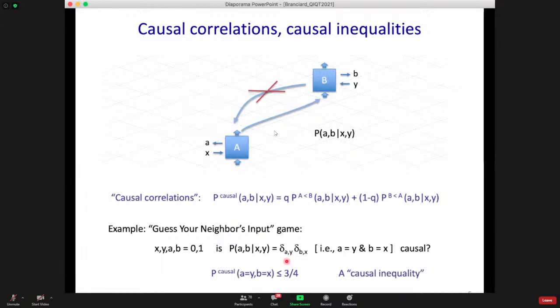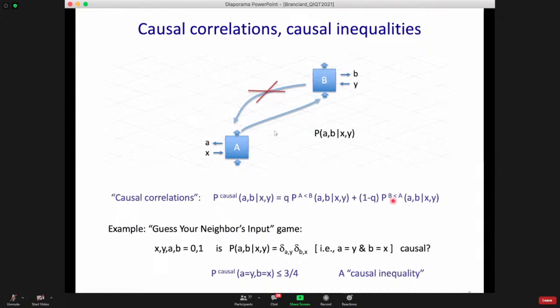And in fact, you can show that for causal correlations, the probability of success in this game, that is, the probability that Alice's output is equal to Bob's input and vice versa, is upper bounded by 3/4. That's fairly easy to see if Alice is before Bob. Clearly, by symmetry, it's the same if Bob is before Alice, and then if you mix the two, you still get this bound of 3/4.